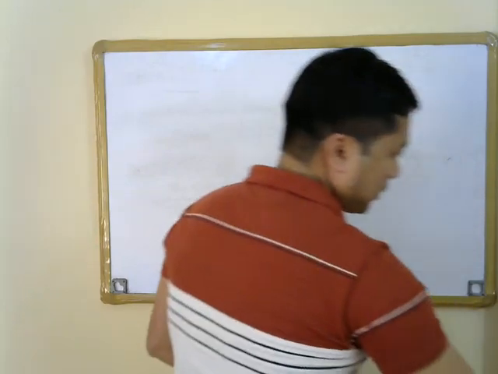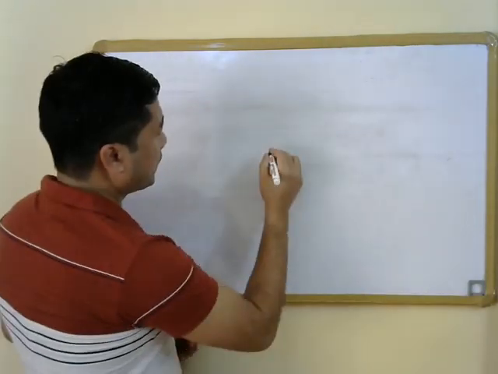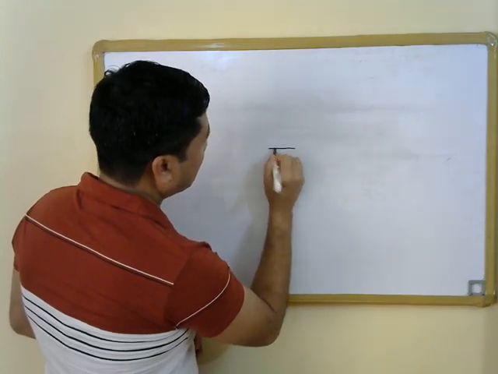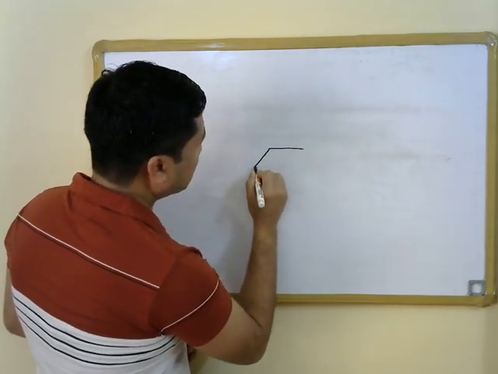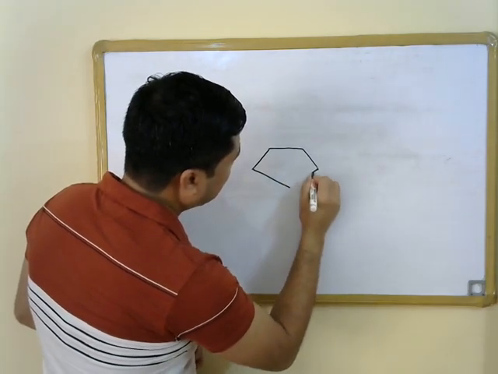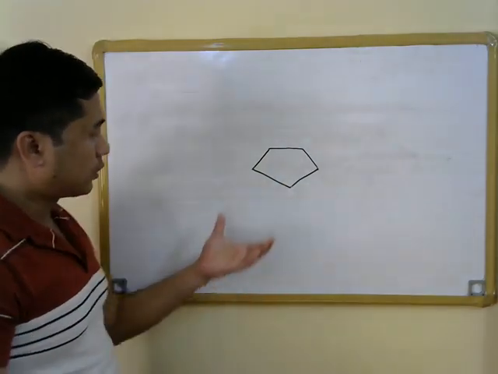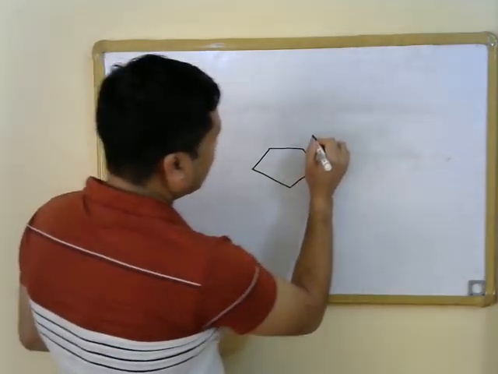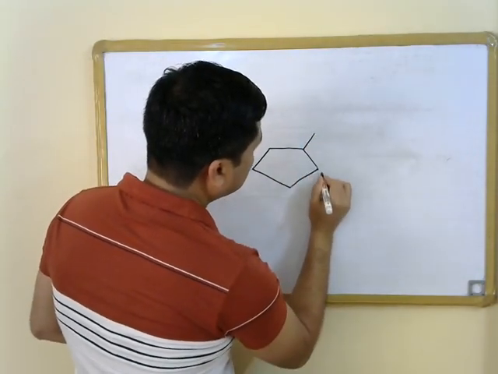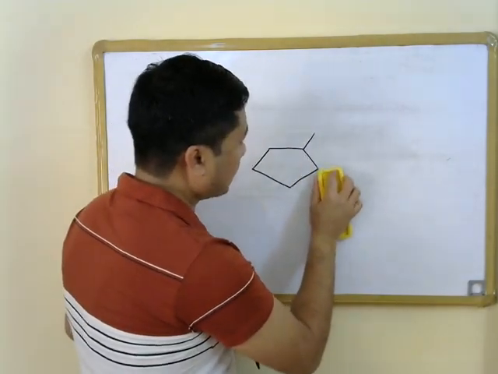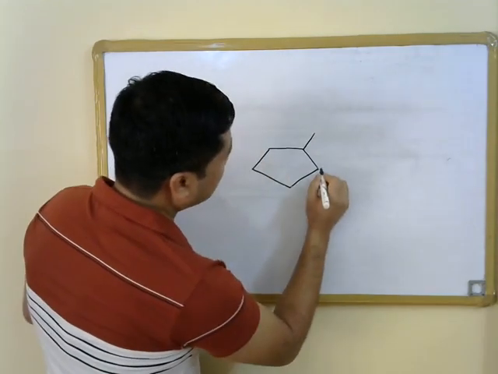When you draw this central pentagon, you should make sure that all the edges of the pentagon are equal so that you have a symmetric pentagon here. And then one can extend lines from this pentagon at 120 degrees.